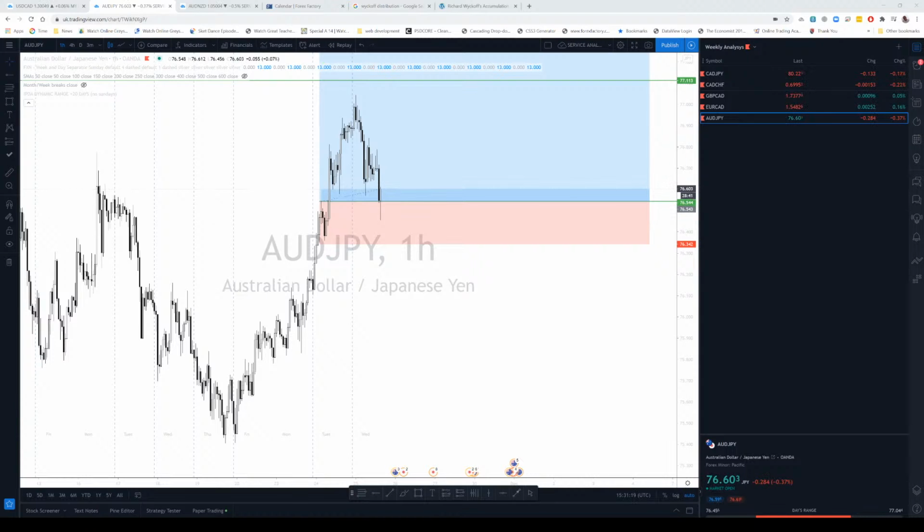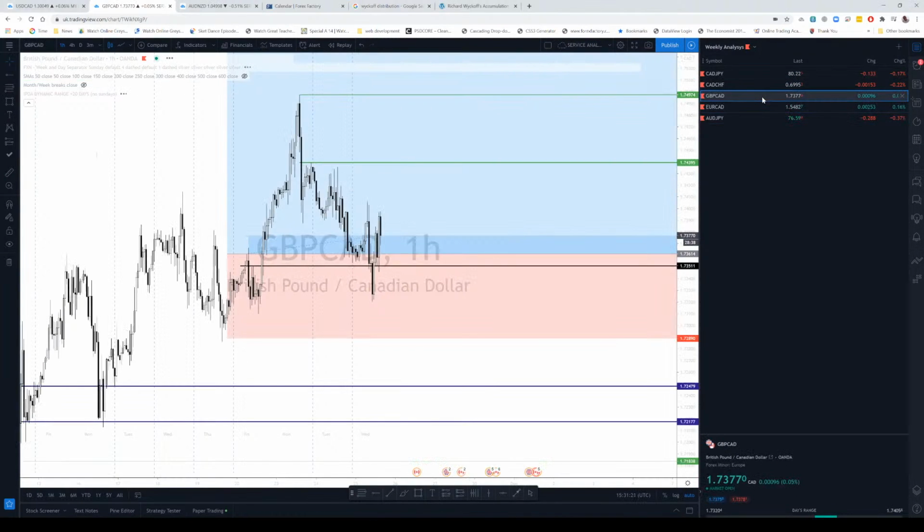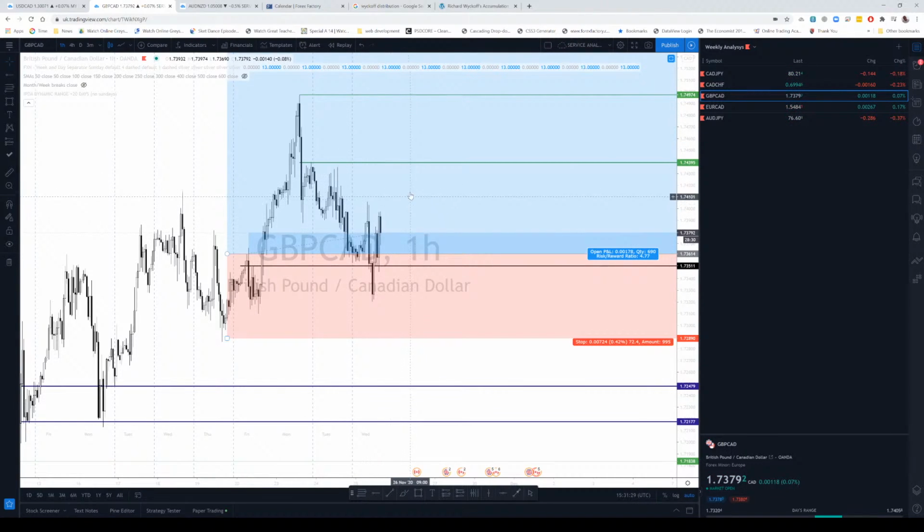But most importantly, pay attention to CAD, because we do have seasonal with us on this trade, so I'll focus more on this.